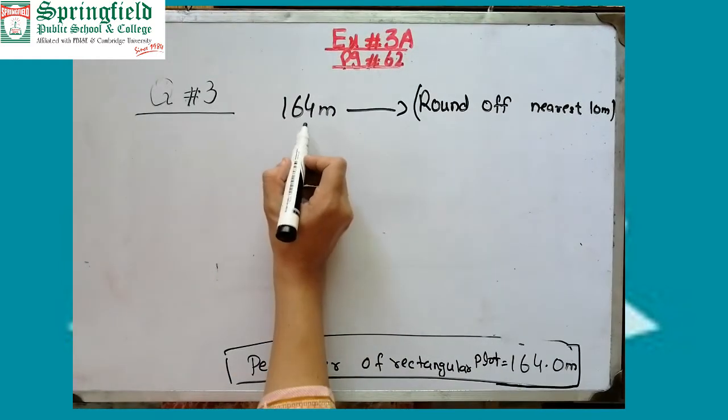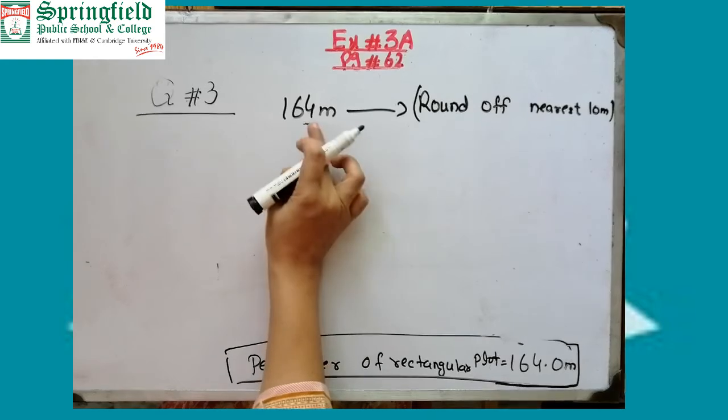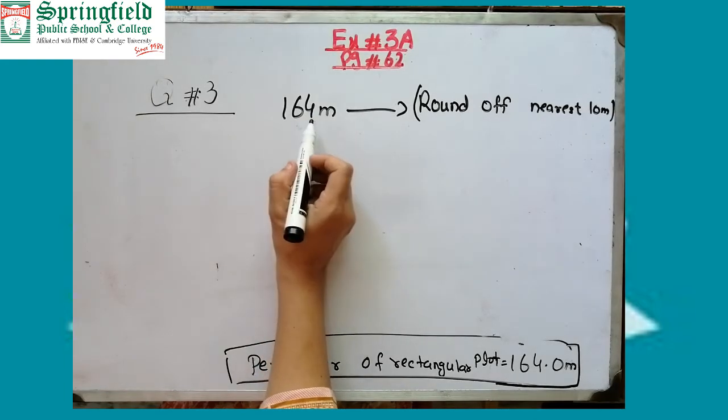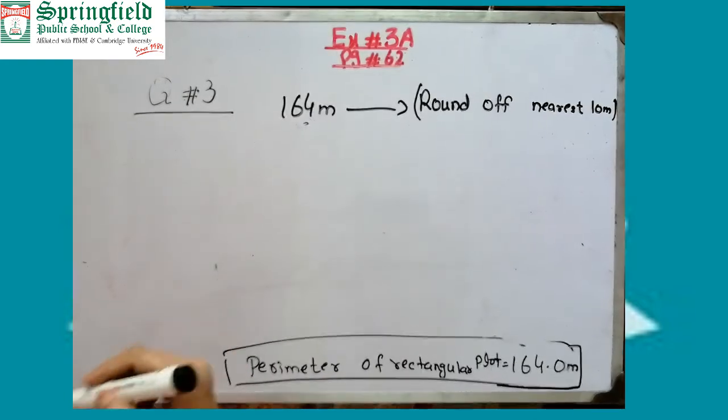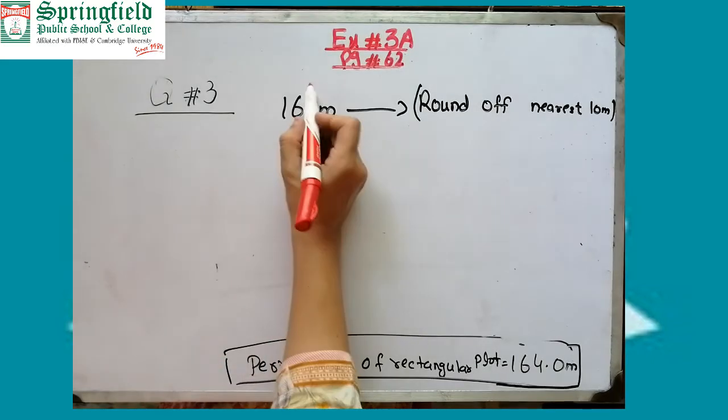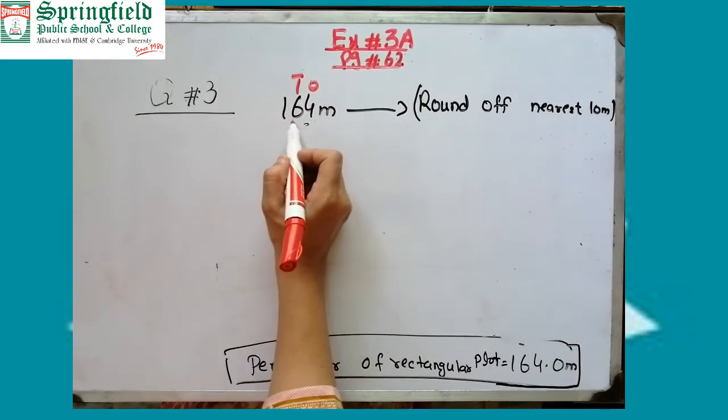So how can we round off? First we will check which digit is at the place of tens. So ones and tens. This means 6 is at the place of tens.